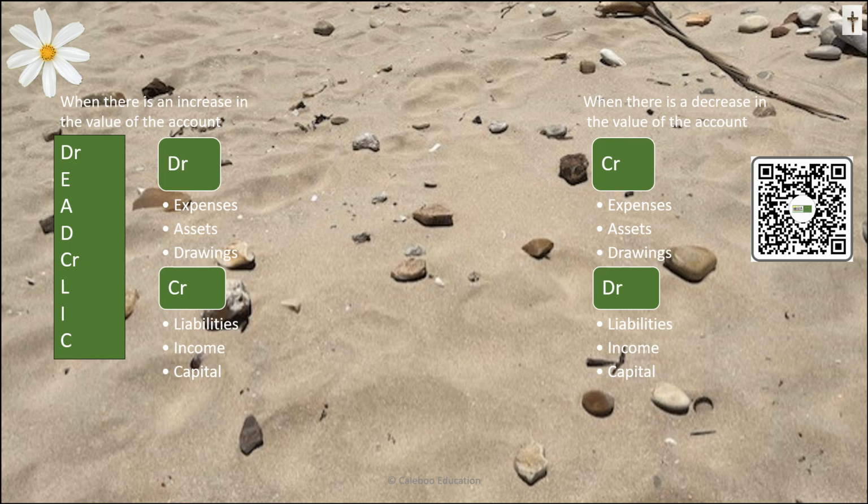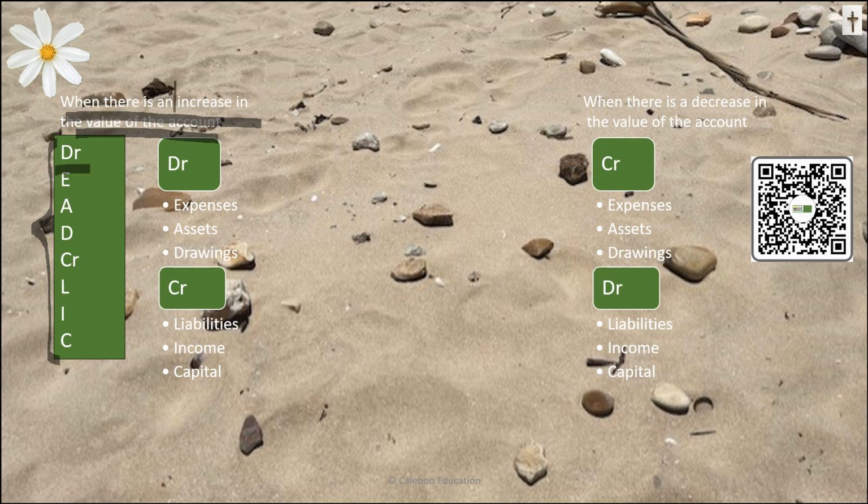So that brings us to an acronym that we can use. An acronym I'm going to use, you might have another acronym, but here I have DEADCLIC. And what that means is when there is an increase in the value of the account, we debit.